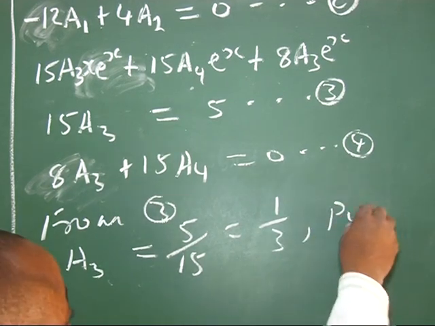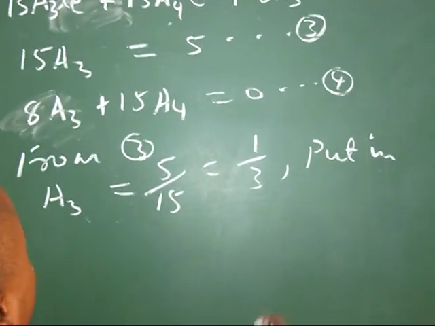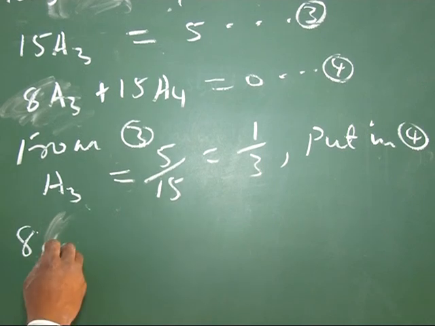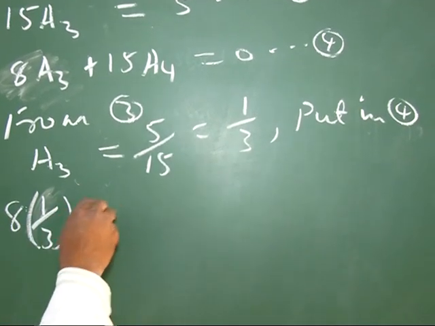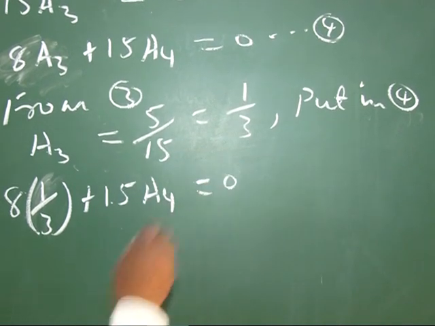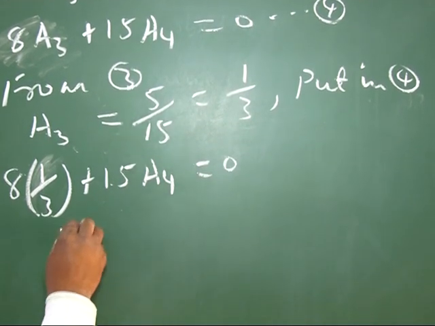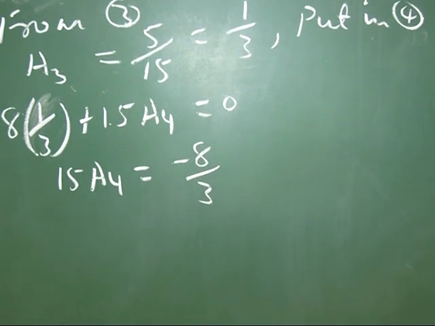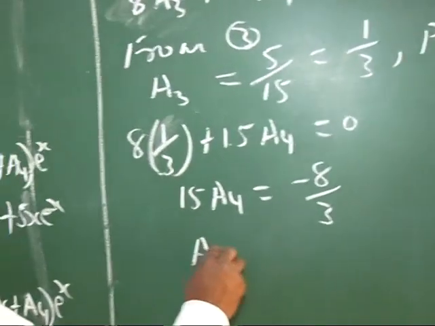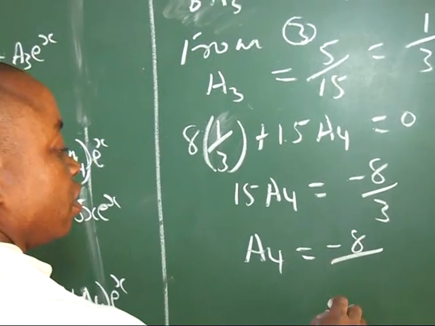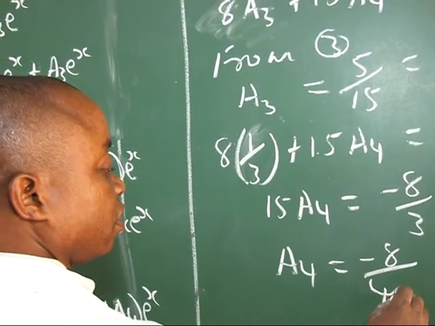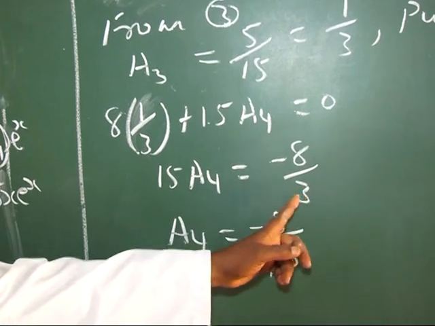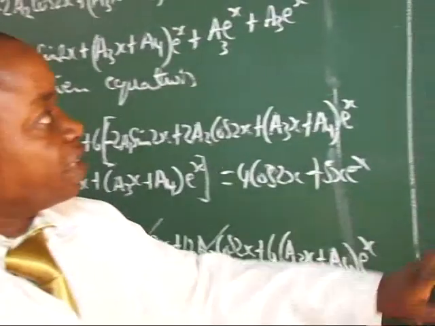Now, let's put it in equation 4, we'll have that 8a3, and a3 is this, plus 15a4 is equal to 0, which means that 15a4 will be equal to minus 8 over 3, and then a4 alone will be minus 8 divided by 15, then times 3, will be minus 8 all over 45. So we have a3 and a4.